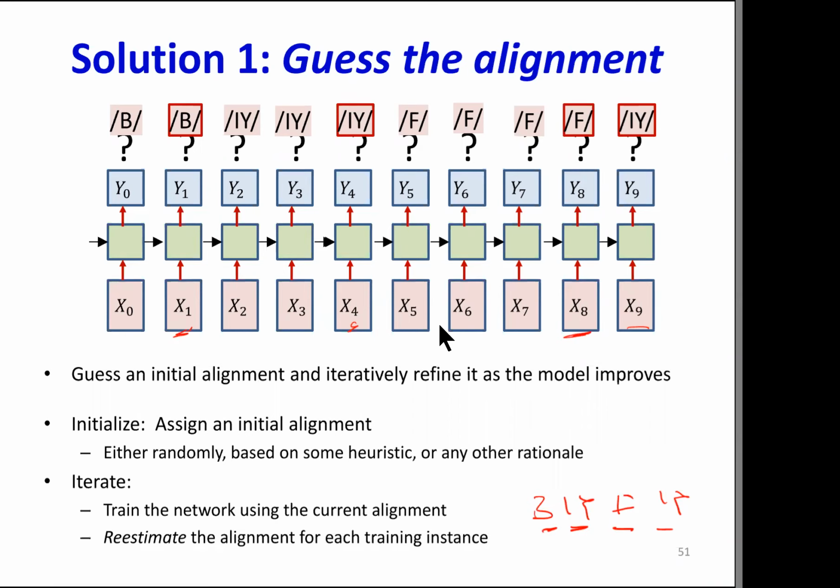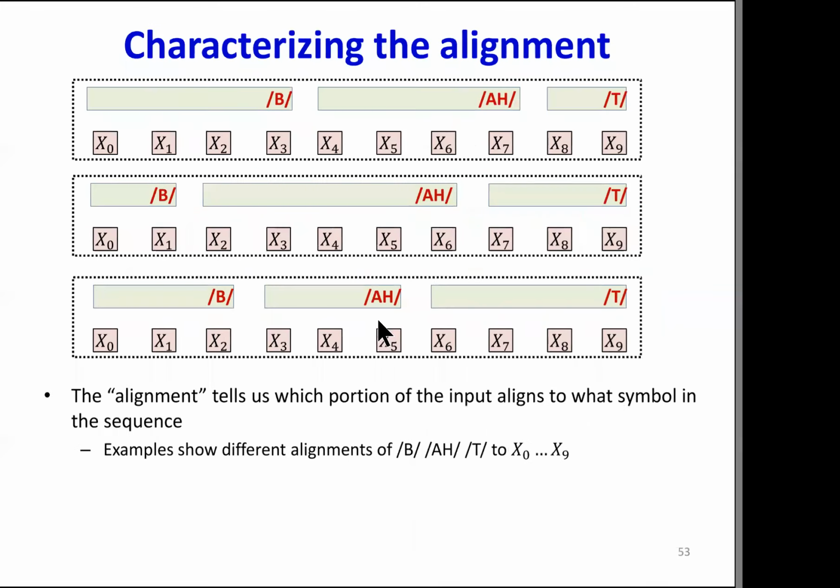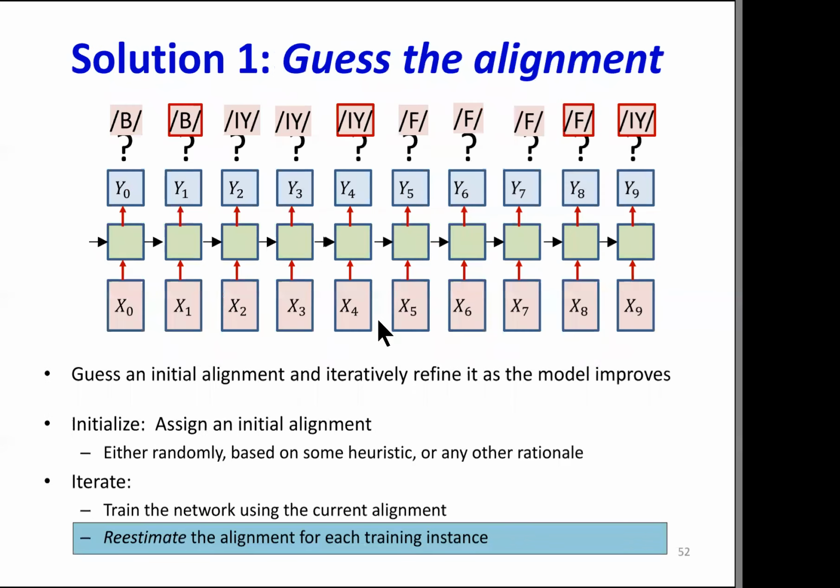And now that I've trained the model, I can use the trained model to go back and re-estimate the alignment for each training instance. And then I can use the re-estimated alignment to go back and train the model again.